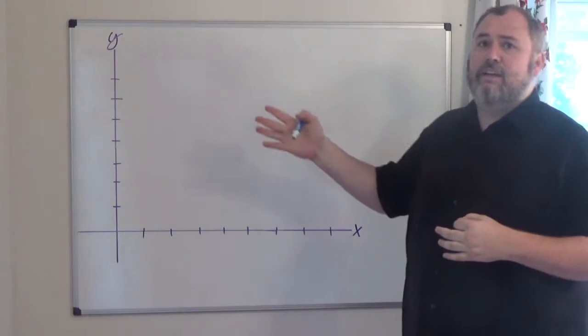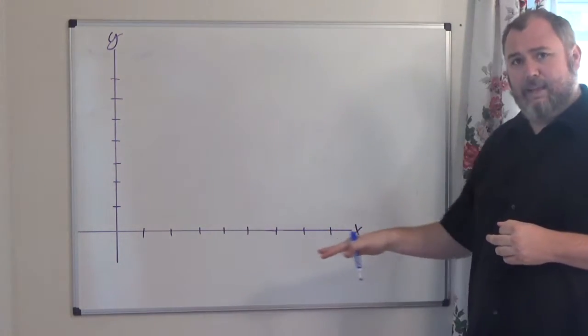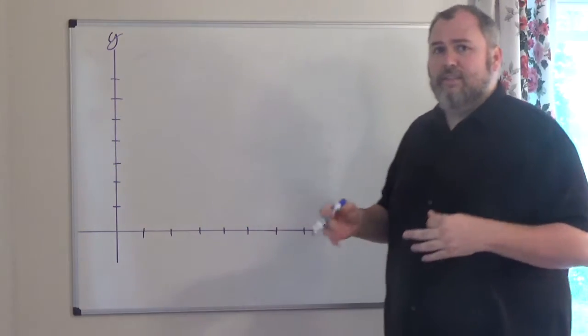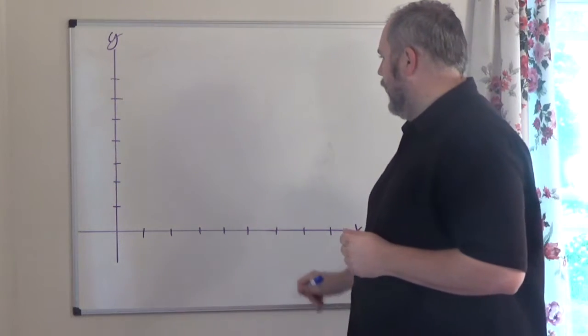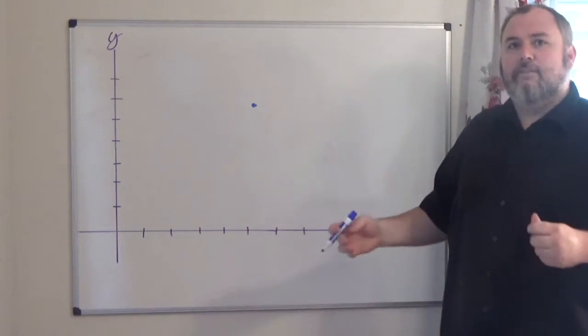So I have a very simple Cartesian plane in front of me. I don't even have anything labeled down here because right now it doesn't matter. Same thing with my y-axis. Nothing's labeled. Alright, so on my Cartesian plane I'm going to draw a point, and let's just say it's right here. Okay? So I have a point.